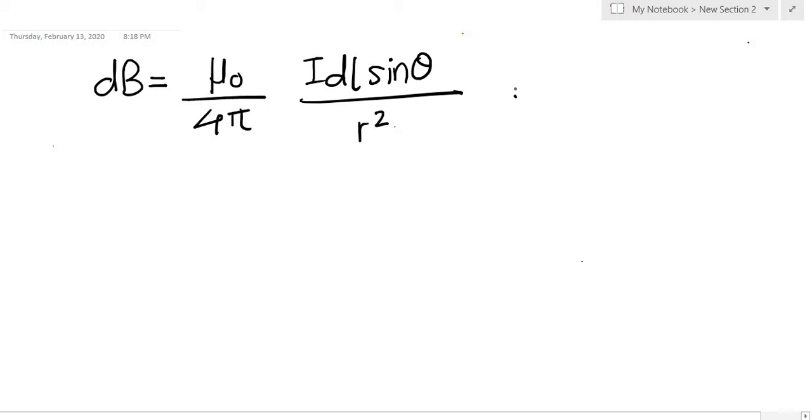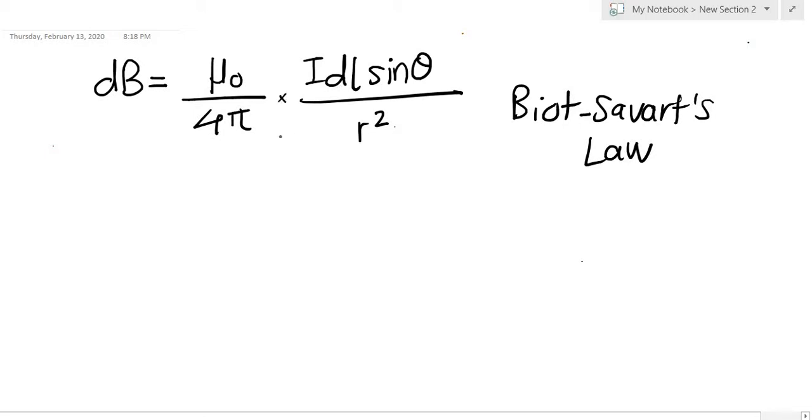And now this is what we call the Biot-Savart law. This has no derivation because this was made clearly with observation, just like your Coulomb's law of electrostatics, built on observation.